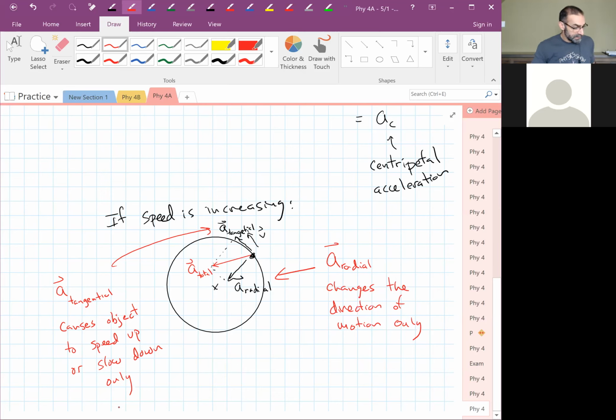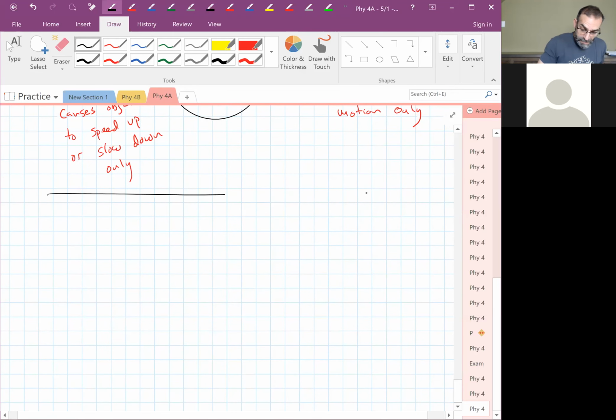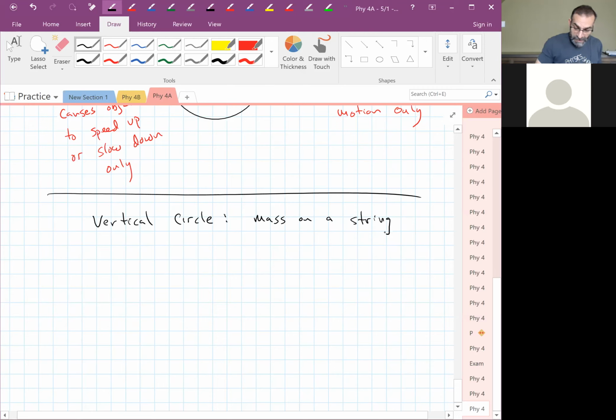Okay, so let's think about this for a second. We've got some mass on a string and we're swinging it around in a vertical circle, right?